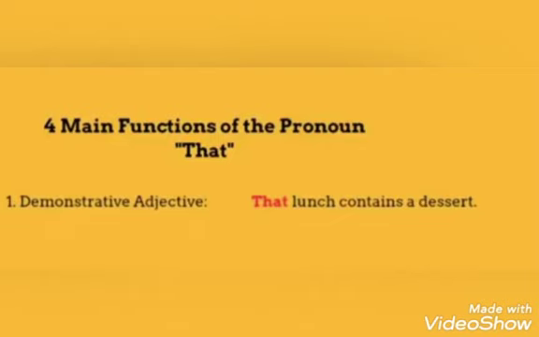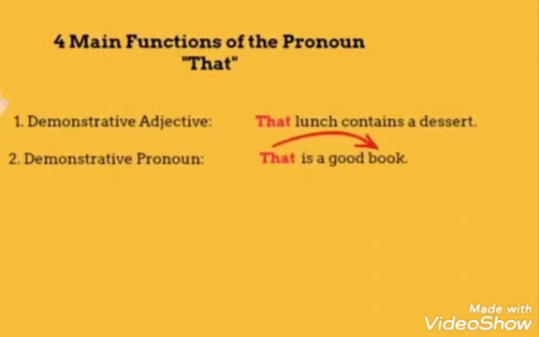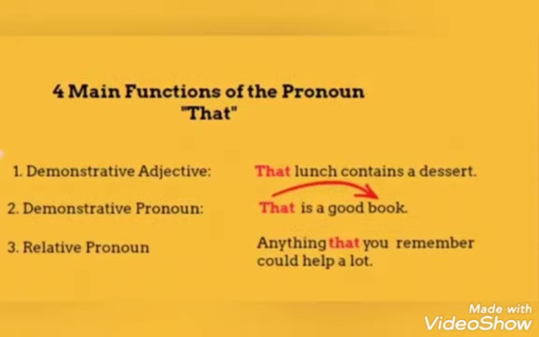Now let us look at the four main functions of the word that. First, you have a demonstrative adjective: that lunch contained a dessert. That is next to the noun. Second one is the demonstrative pronoun: that is a good book. That is away from the noun being pointed out.